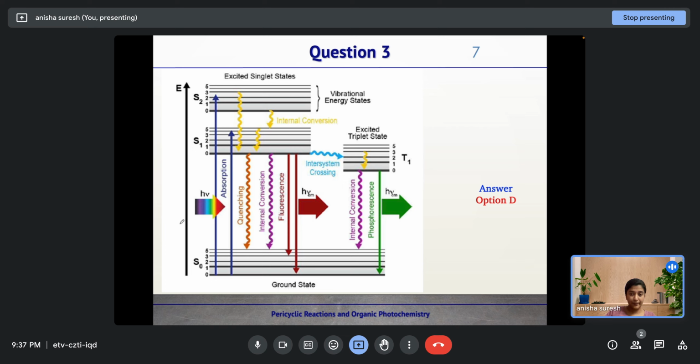It is known as fluorescence. And if it is taking place from a triplet to singlet state, it is known as phosphorescence. Since it is spin forbidden, it takes more time. That is why phosphorescence takes place over a longer time than fluorescence. I hope this is clear.